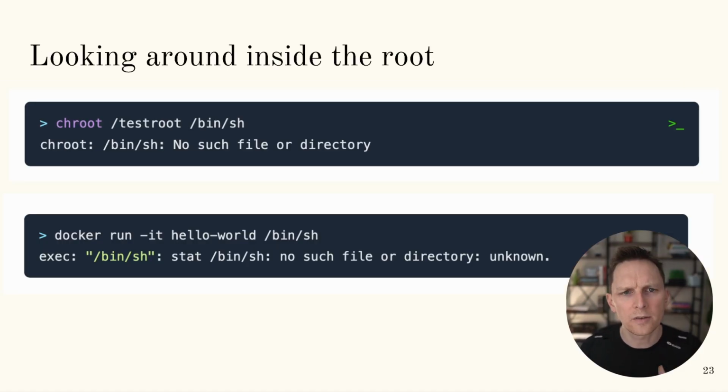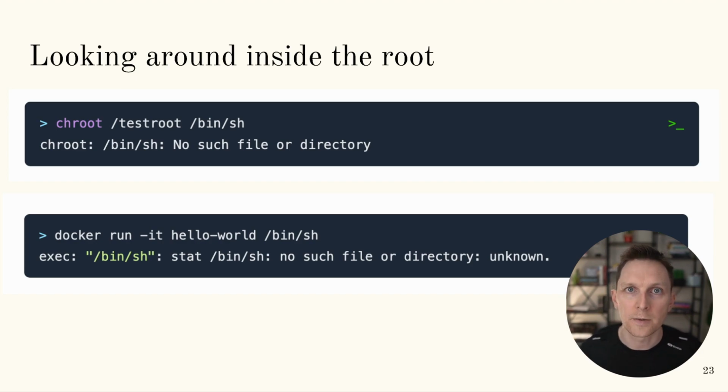And you would think, okay, if this is a container, then I can do things exactly the same as I can with Docker. Like I can launch a shell inside of it and look around and it'll look like an isolated environment. But if I try that, then I just get this, no such file or directory, right? There's no way to run bin sh inside of this root, which sounds strange, but if you try it with Docker, you get the exact same behavior, right?